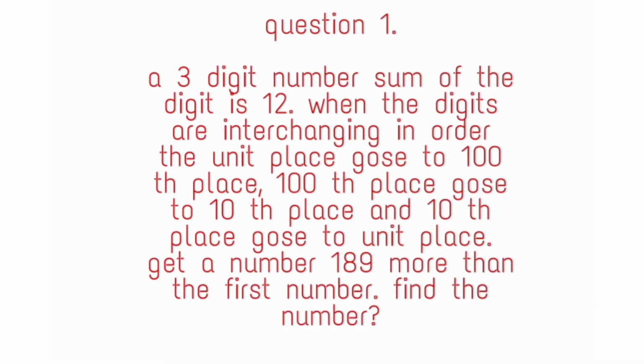A 3-digit number, the sum of the digits is 12. When the digits are interchanged in order, the unit place goes to the 100th place, the 100th place goes to the 10th place, and the 10th place goes to the unit place.